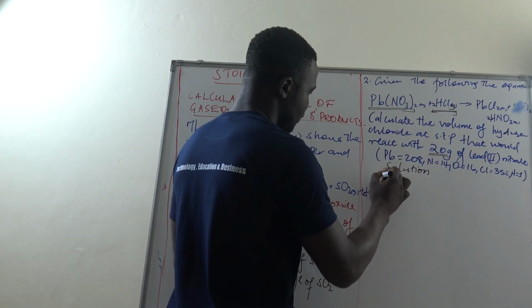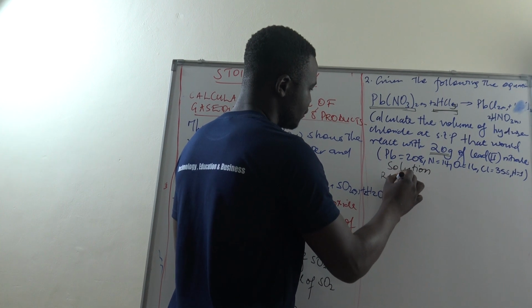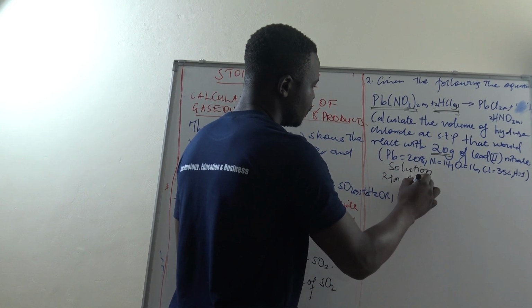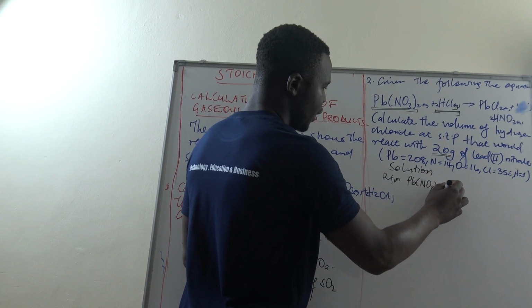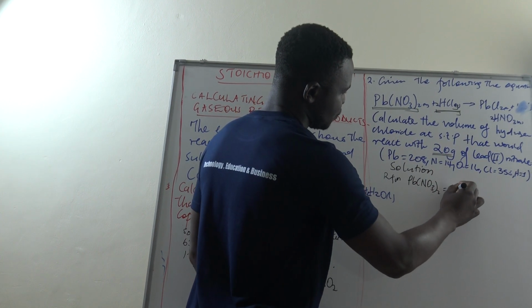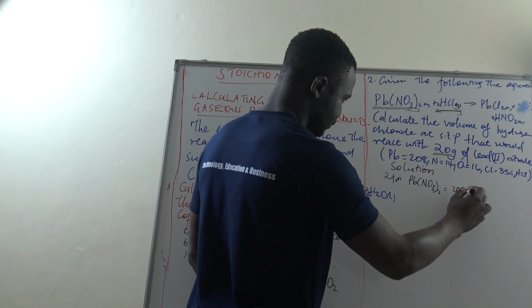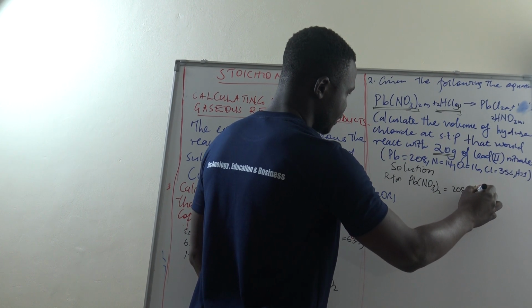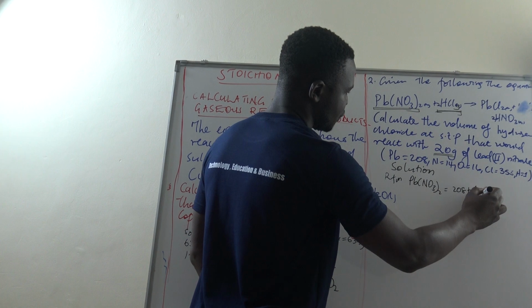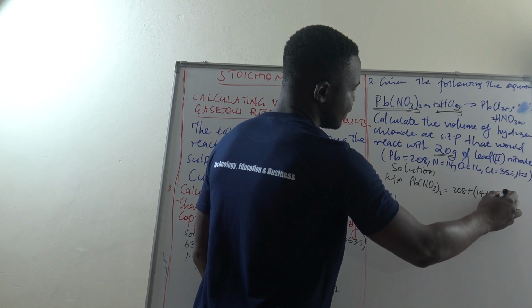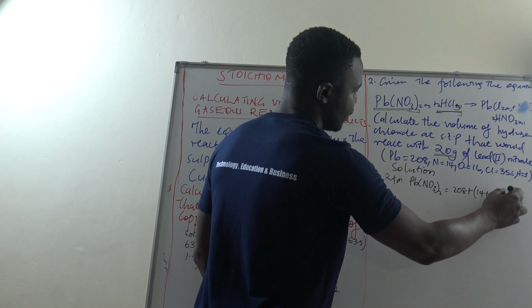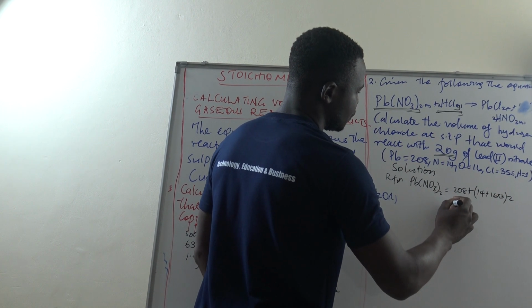So now let's begin by getting the relative formula mass of lead 2 nitrate. Lead is 208 plus bracket, nitrogen 14 plus 16 times 3, close bracket, times 2.